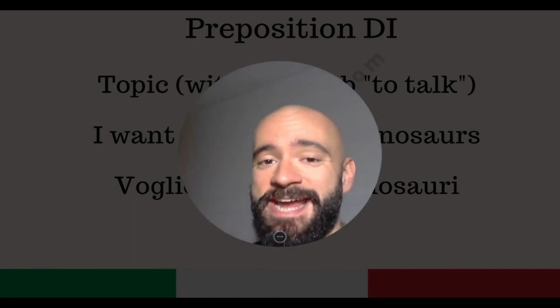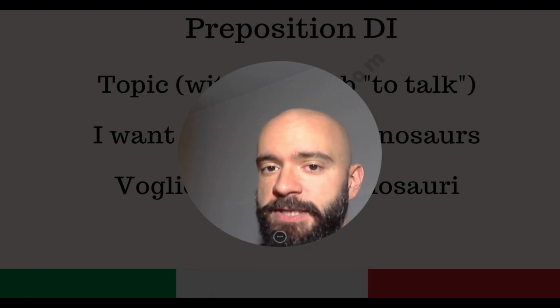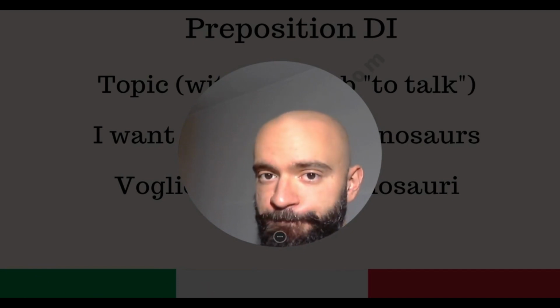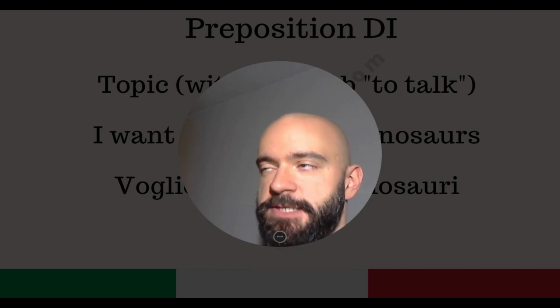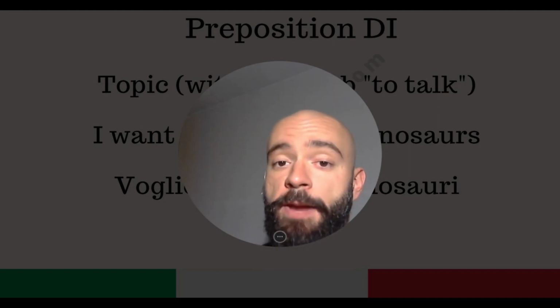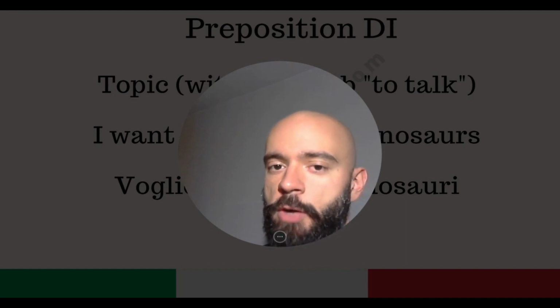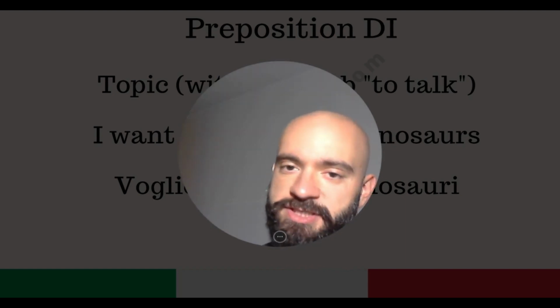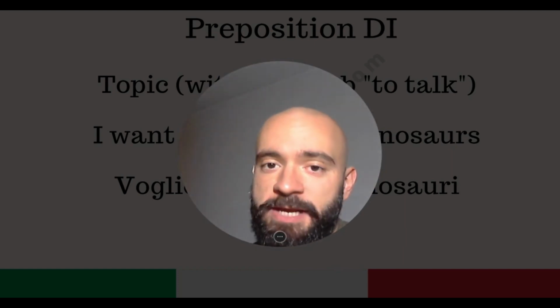You will see another case scenario which has to do with topics with preposition on, and I will tell you at that time that yes, this is a topic scenario, but when we are using the verb to talk, we use preposition di. In the other case, with preposition on, we're going to use su. You're going to see it very soon, okay? So pay attention here.